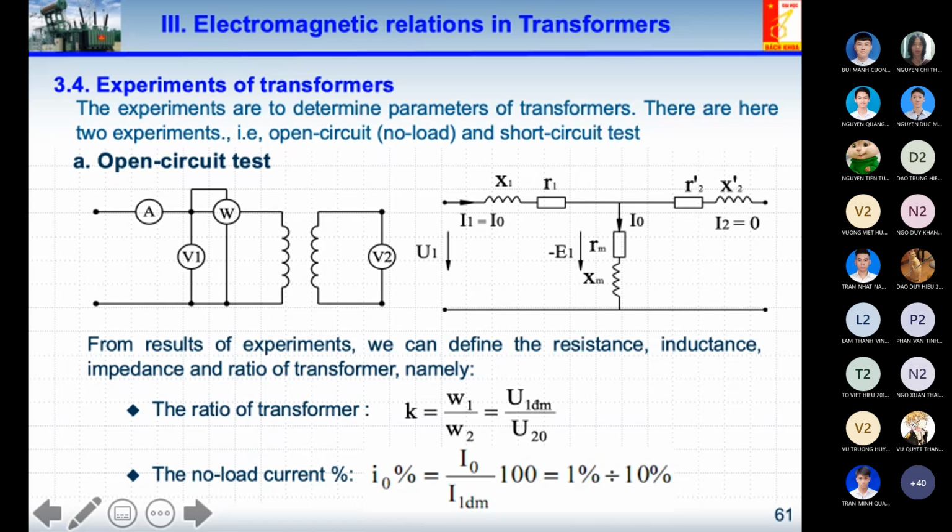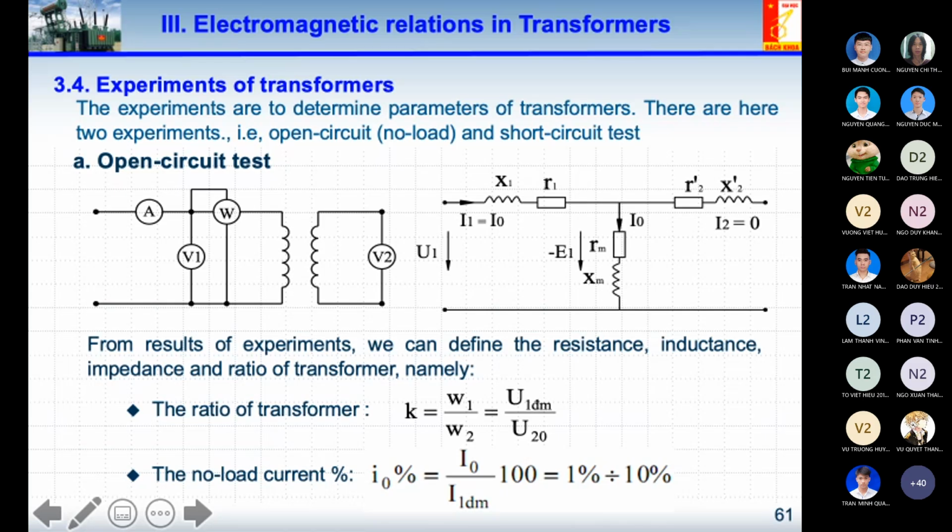Of course, if we do the open circuit test, it means that the transformer is not connected to the load. As explained last week, we can define the transformation ratio of the transformer, denoted by K.